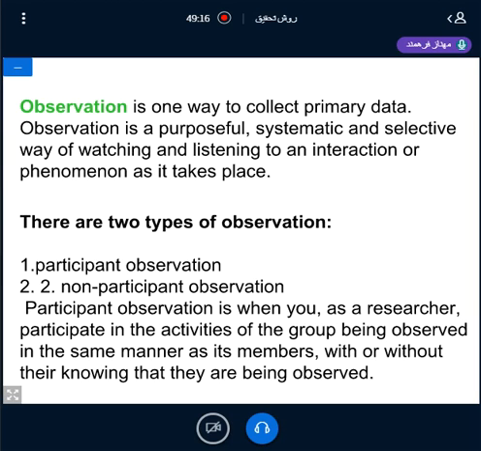There are two types of observation: one, participant observation, and two, non-participant observation, which we studied in the table. Participant observation is when you as a researcher participate in the activities of the group being observed in the same manner as its members, with or without their knowing that they are being observed.